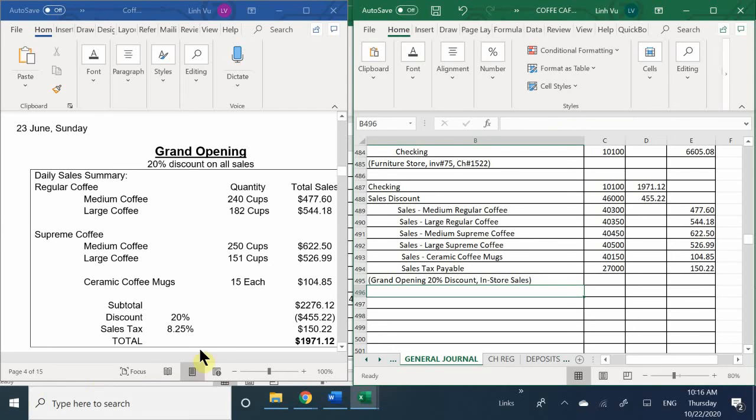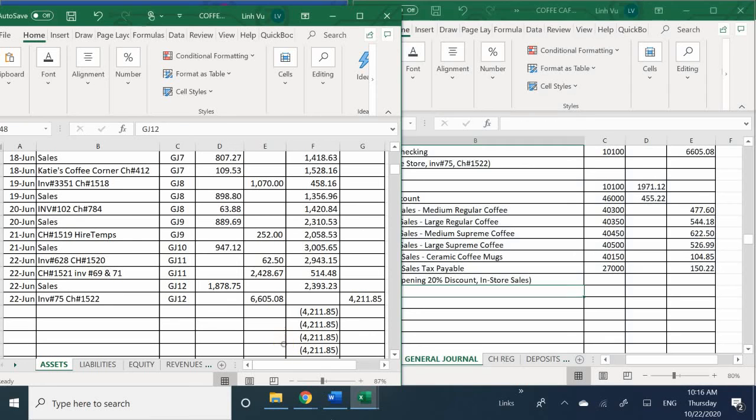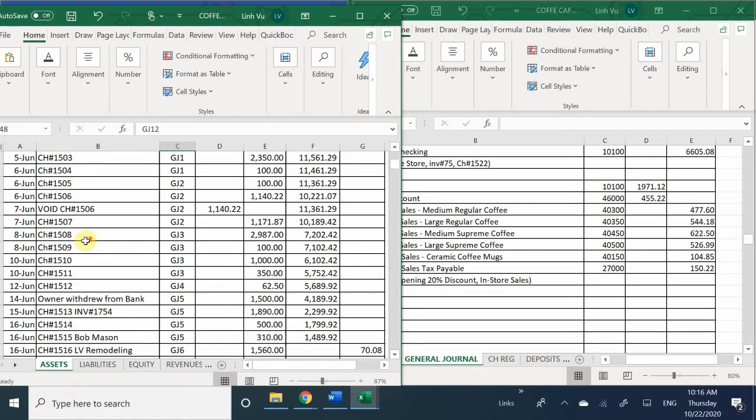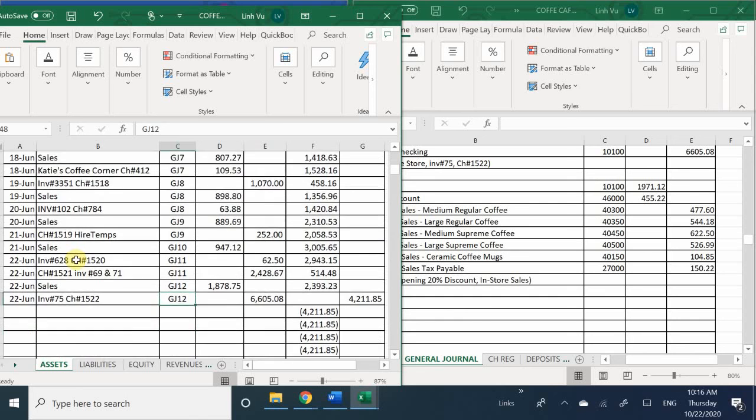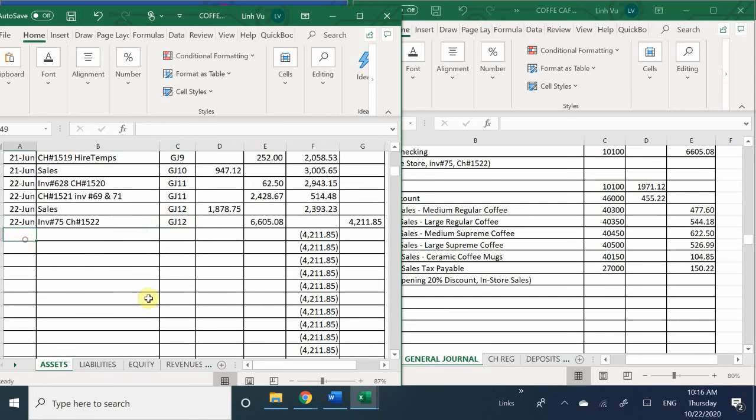And then we go to the ledger. So first things first, checking. Sales. Good. 1971.12, GJ 12.